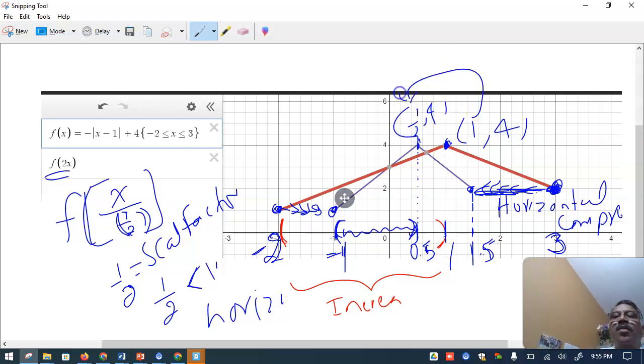So the 1 becomes half. Each of these points shrinks to here. So there's a horizontal compression by scale factor of half. All you do is multiply all the x coordinates by half.